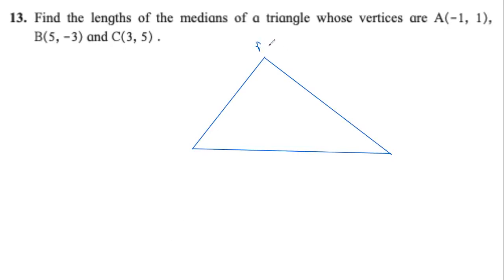Randomly I'm drawing A, B, C. We have to find the lengths of the medians. What does this even mean? It means the lengths of the line segments that join vertices to the midpoint of their opposite side. So like this. Like this.